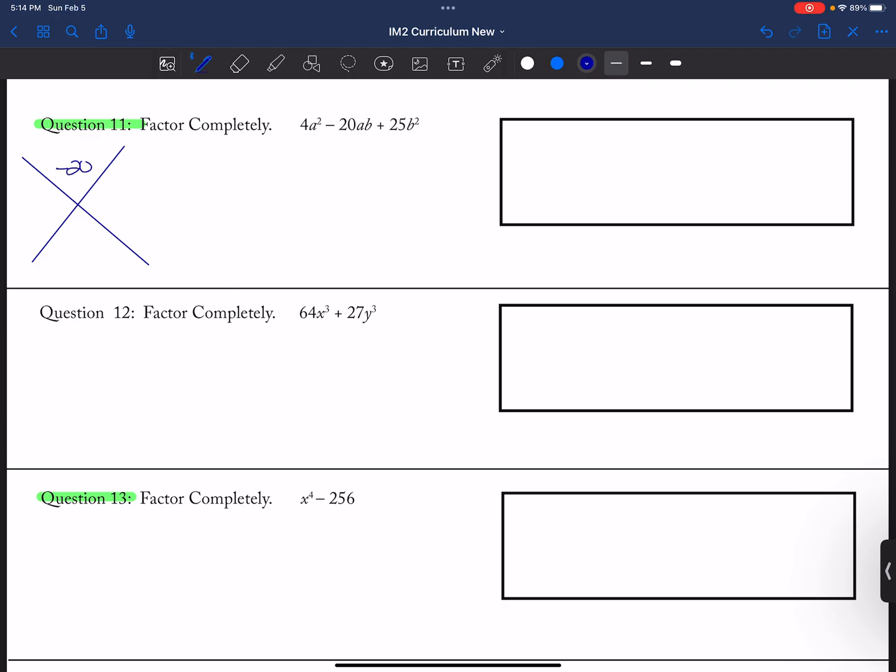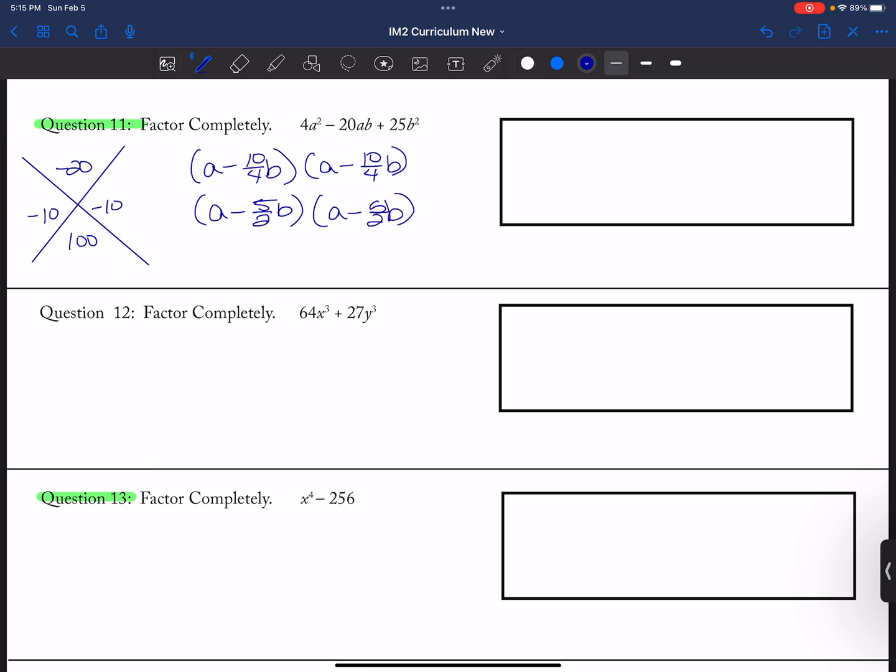Okay. So 20 here, and then a 100 on the bottom. So this is negative 10 and negative 10. So this is a bottoms up question. So this is a minus 10 over 4b and a minus 10 over 4b. So then I reduce. So a minus 5 over 2b and a minus 5 over 2b.